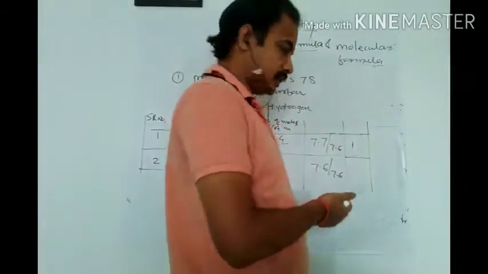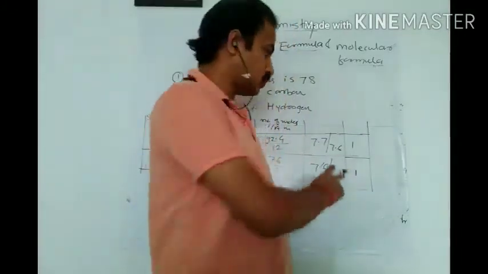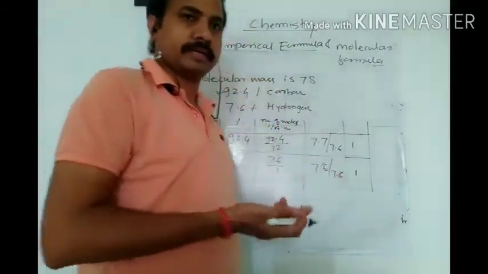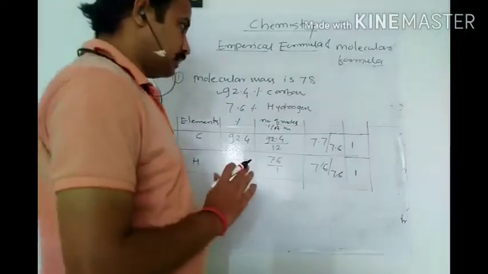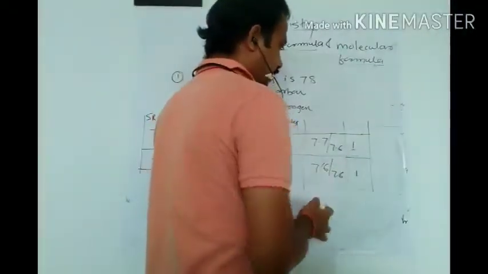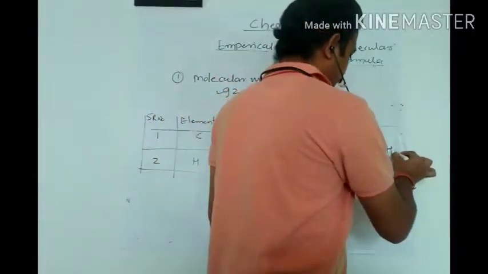For 7.6 and 7.6 it is a perfect 1. It is slightly more than 1, and I can take it as 1 by considering the rounding off principle. Then, based on this answer, I can write the empirical formula as C1H1.